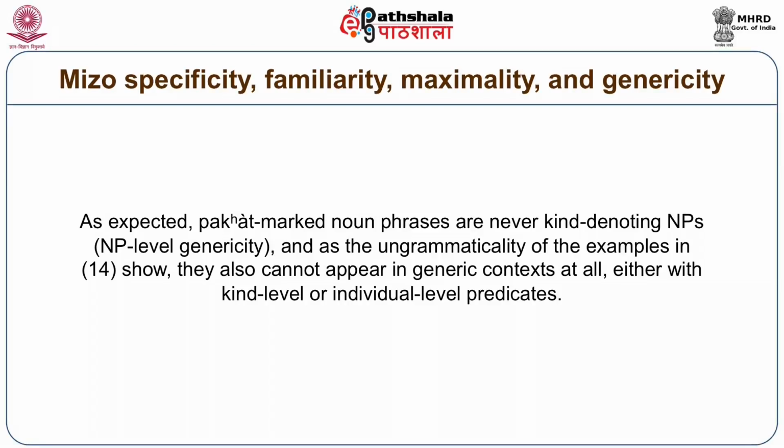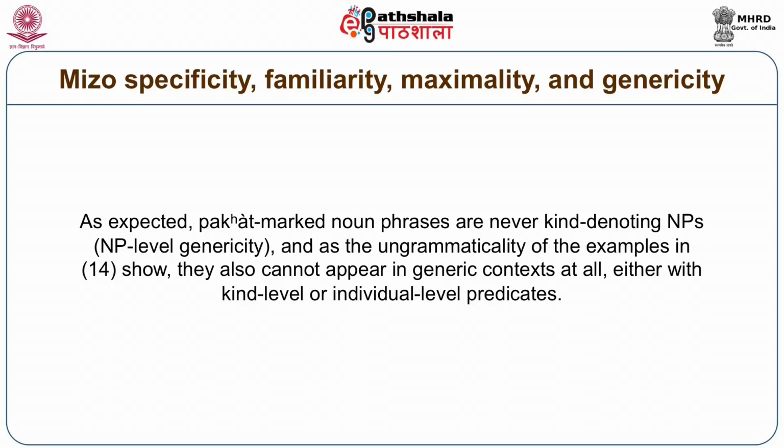The presence of the numeral 1 then gives us a different reading from a bare singular. Quite obviously then, noun phrases which are marked by 1 can never signal kind denoting NPs. That is, they cannot exhibit NP level genericity.